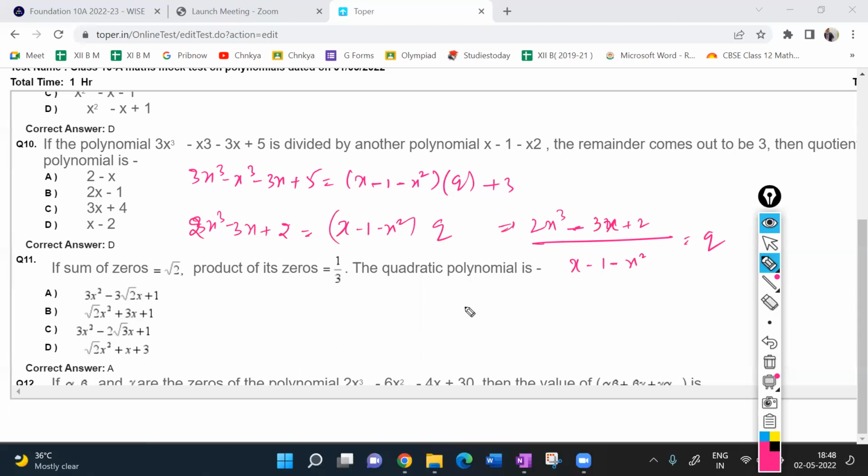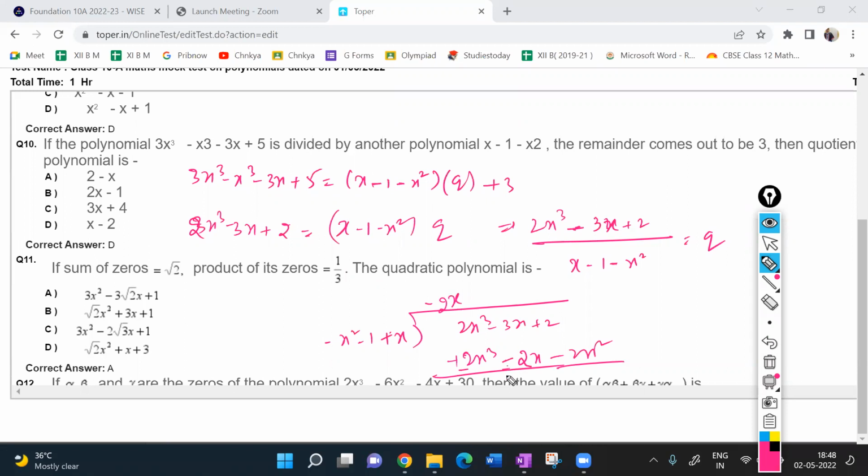So dividing this polynomial into 2x cube, what is your answer going to be? 2x cube minus 3x plus 2 divided by minus x square minus 1 plus x. So what are you going to get now? Minus 2x cube here, then minus 2x plus 2x cube minus 2x minus 2x square.